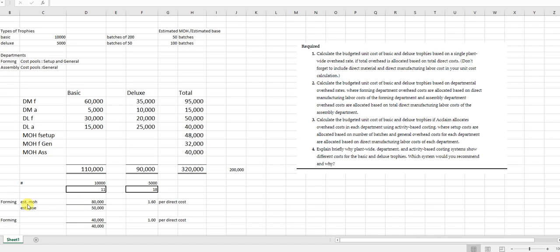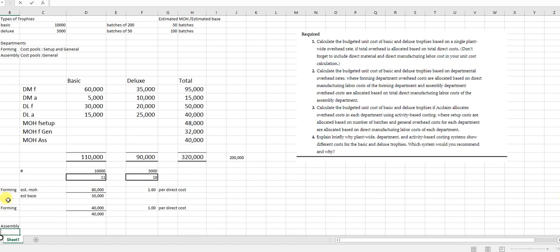Okay, so let's do, this is forming setup here. And let's actually do it before we forget. So my allocation of overhead, this is setup, 48,000. Okay, I'm going to allocate it based on number of batches. So my total number of batches are 50 batches here and 100. So I have a total of 150 batches.